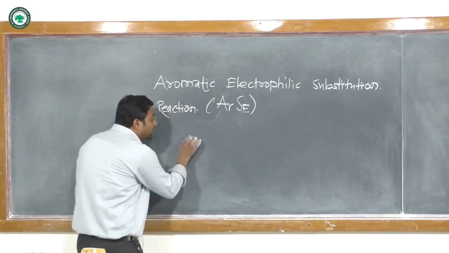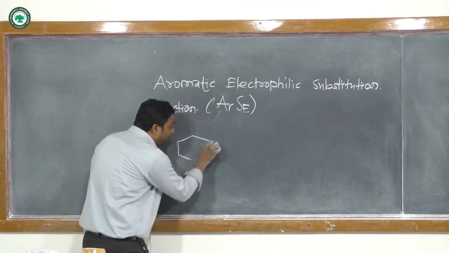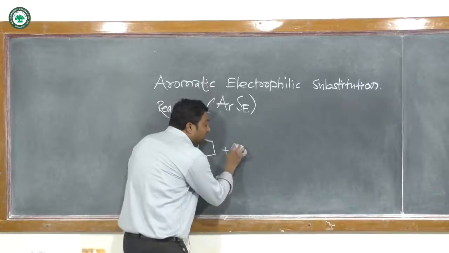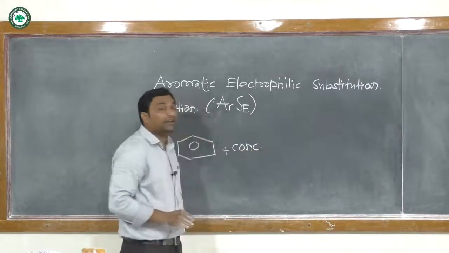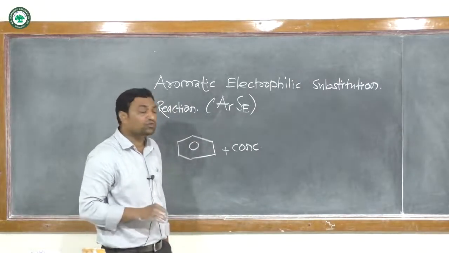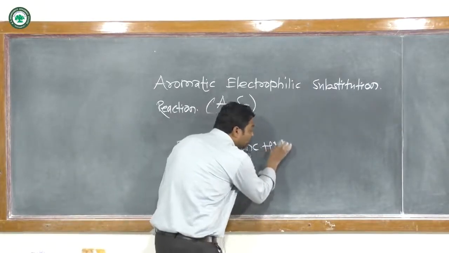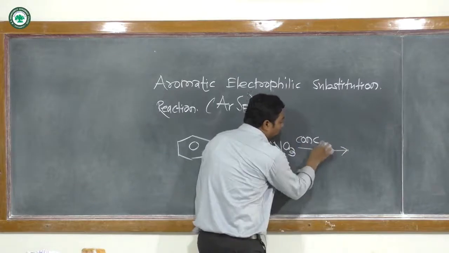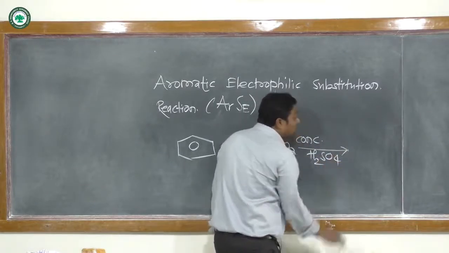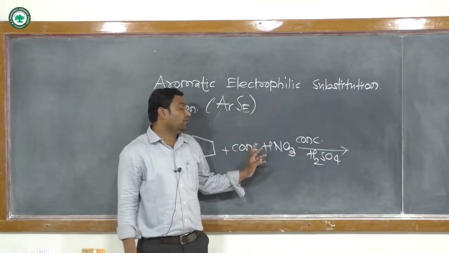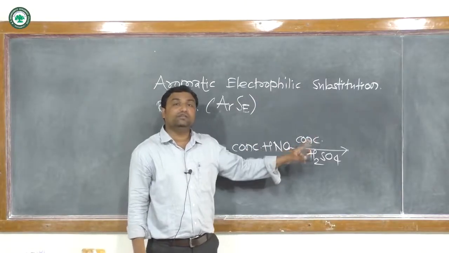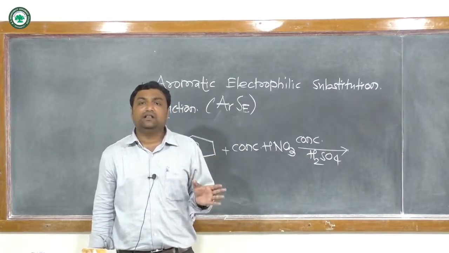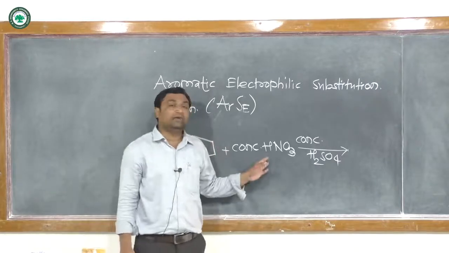Now, when this benzene molecule is treated with nitrating mixture, that is concentrated HNO3 and H2SO4, we know that the mixture of concentrated HNO3 and concentrated H2SO4 produces an electrophile, that is nitronium ion.